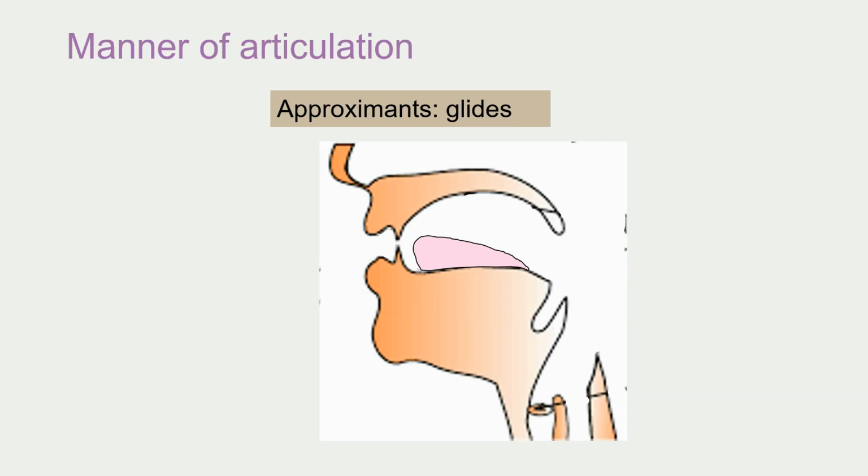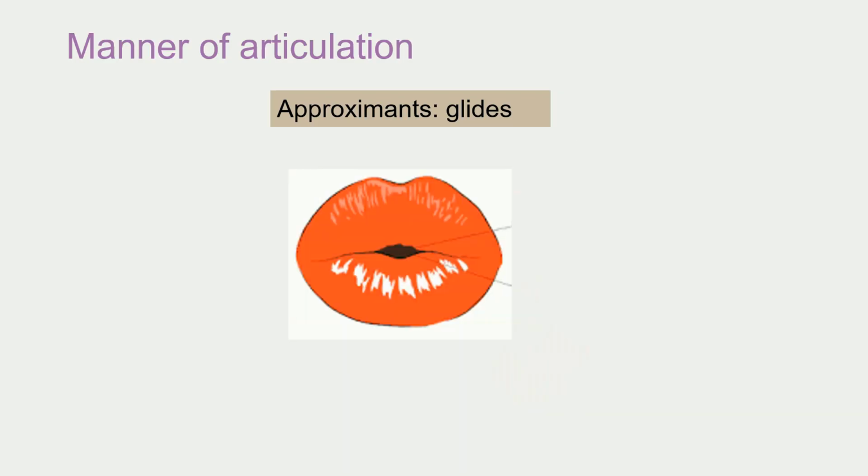A similar thing happens, but not with the tongue at all, but with your lips. Now, we know that your lips can be used in making sounds like p and b, as well as with f and v. But those are fricatives and plosives. The approximant, again, doesn't actually close off anything, doesn't really block the flow of air at all.